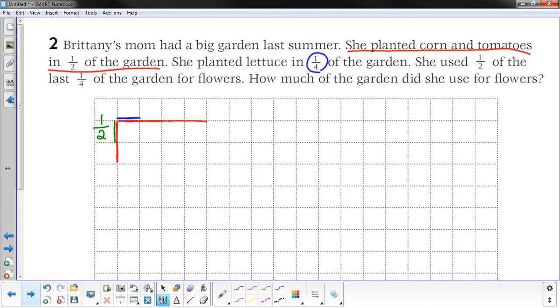Okay, so she used half of the last fourth of the garden for flowers. How much of the garden did she use for flowers? I don't think my picture does a really good job with what I'm trying to do. So let's change this up.